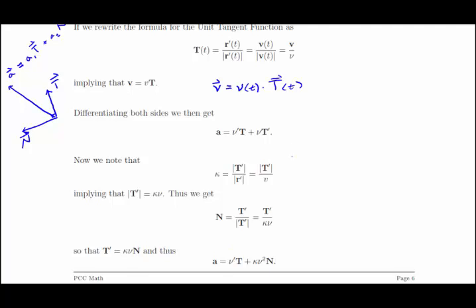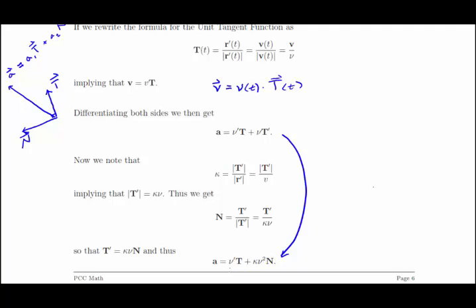So we can take that then, and looking at our acceleration, we can replace t prime with kv times the unit normal vector, and so then we get the acceleration vector equals little v prime times the unit tangent function plus kv squared times the unit normal function.